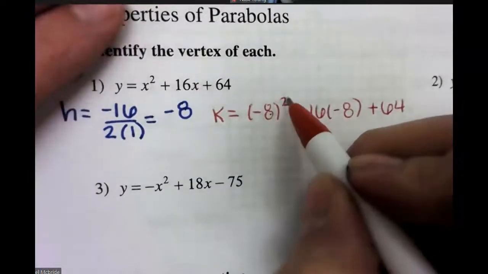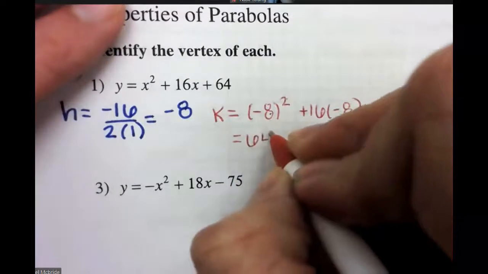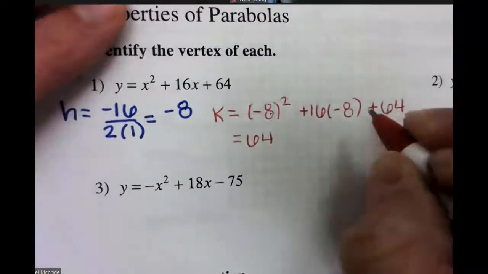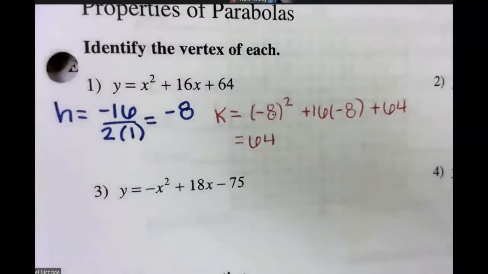So a negative times a negative is always a positive. So that's 64. 8 times 16 is going to give you a negative number in this case, because 8 is negative and 16 is positive.